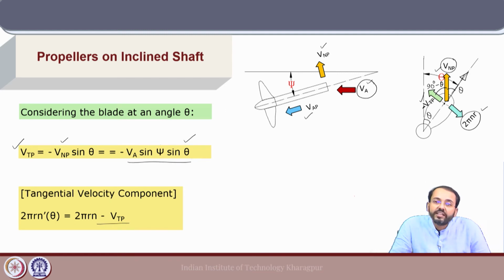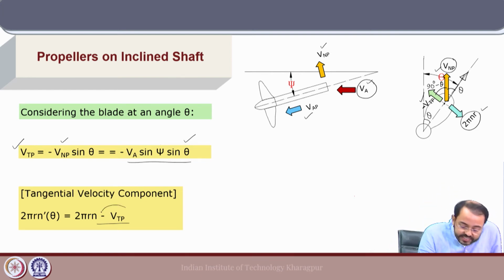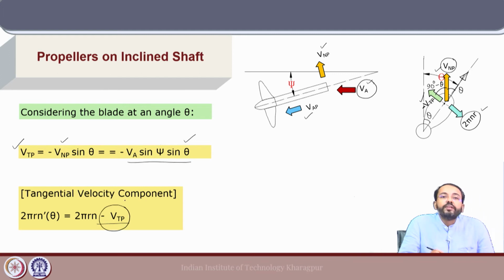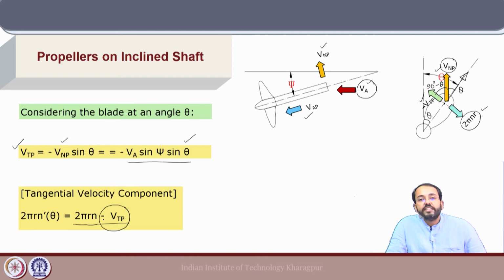Now, depending on the instantaneous location of the propeller blade, the value of theta will vary from 0 to 360 degrees, and hence the value of sin theta will be varying between -1 and 1 and also become 0 at some points, and hence this added part to the already existing tangential velocity will vary in sign.